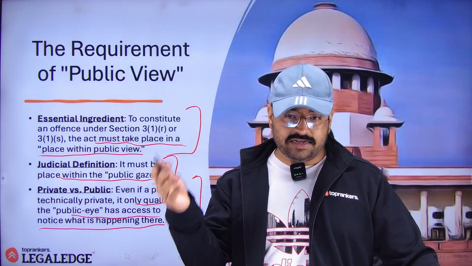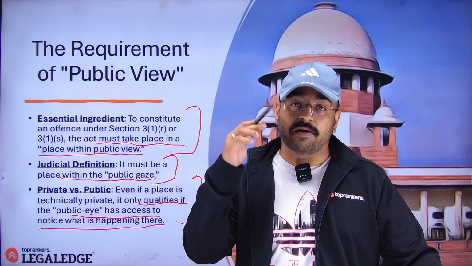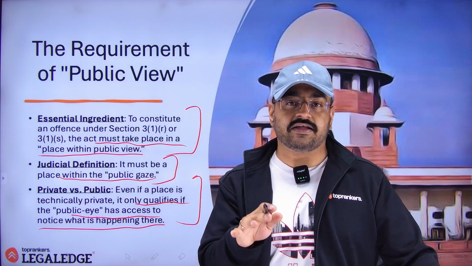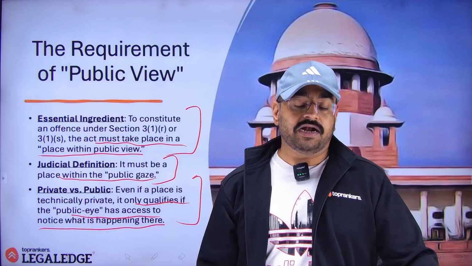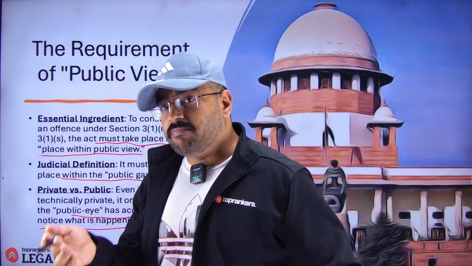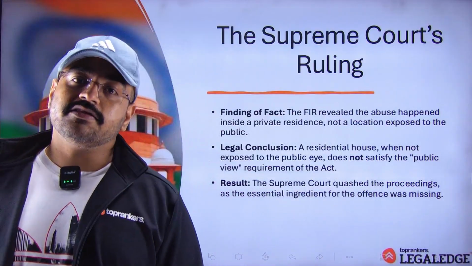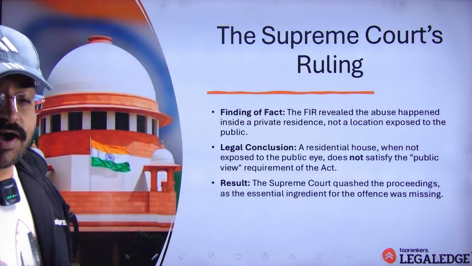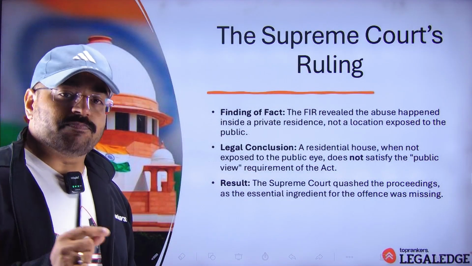Because the incident is taking place somewhere wherein the public eye is having an option of noticing what is happening over there. But if the act is not taking place within the public view, अगर घर की चार दीवारी के अंदर कुछ हो रहा है, तब भी क्या वहां पर एक offense बन पाएगा?